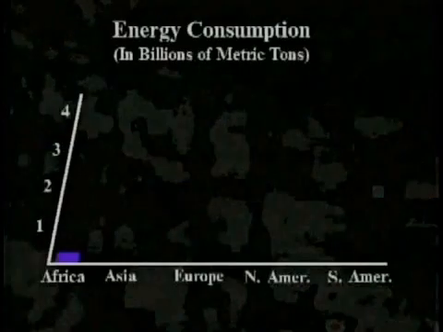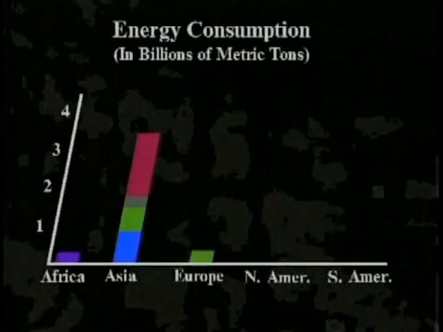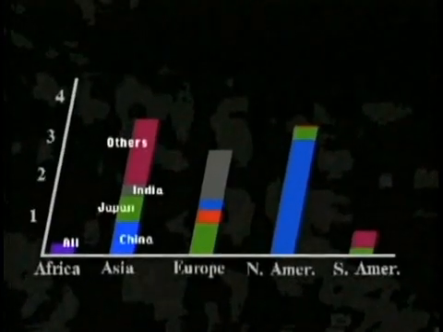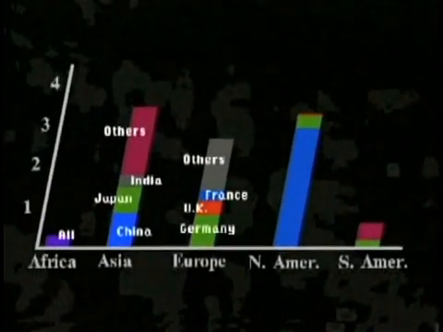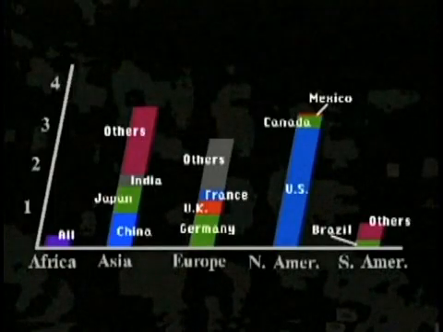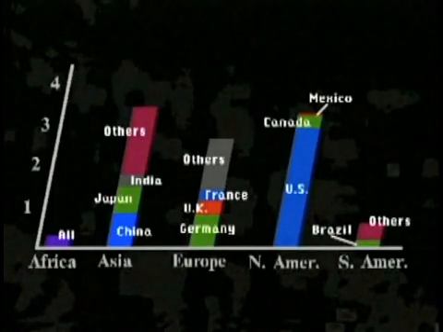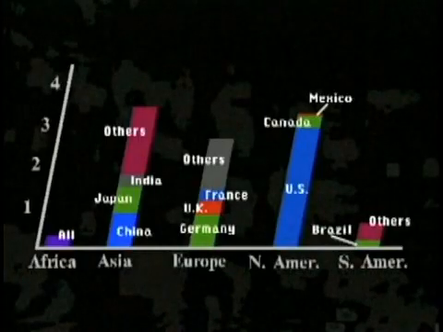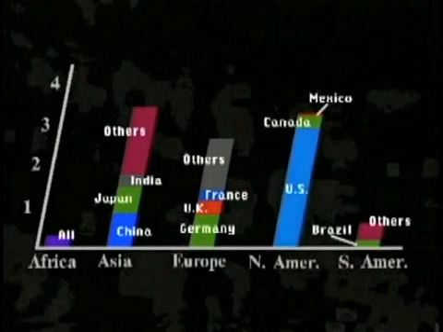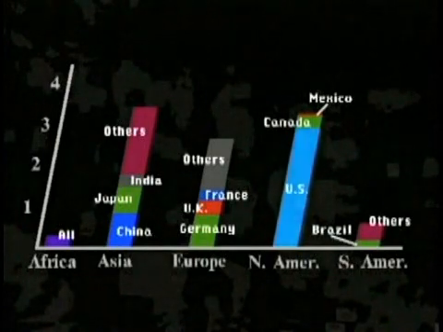Sometimes the bars in bar graphs are divided into sections to give more detailed information. Here, you can see that the continents are now divided into major countries. Given this more detailed information, you can make some educated guesses about the countries. The United States, for instance, consumes far more energy than any other nation.